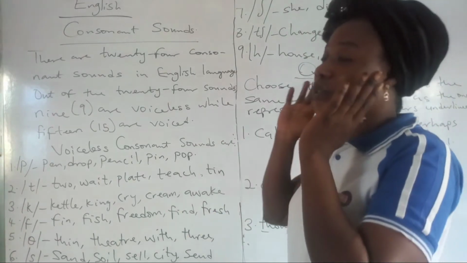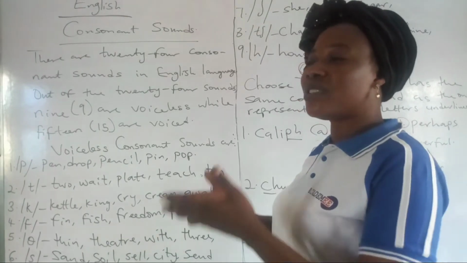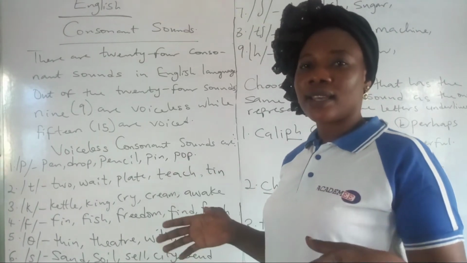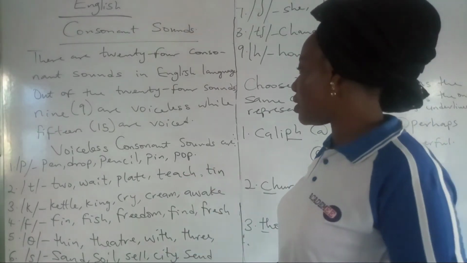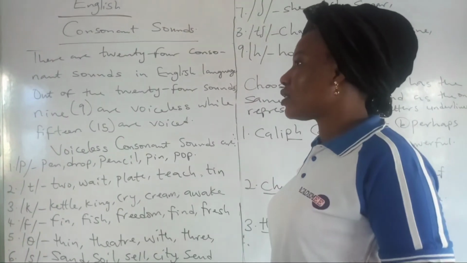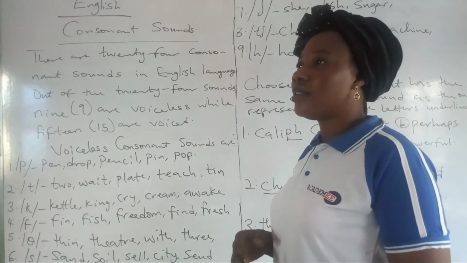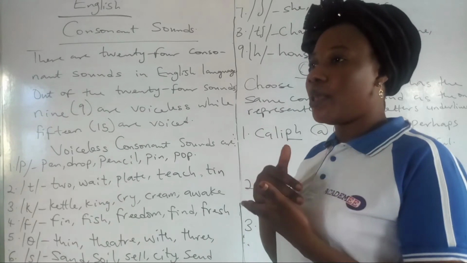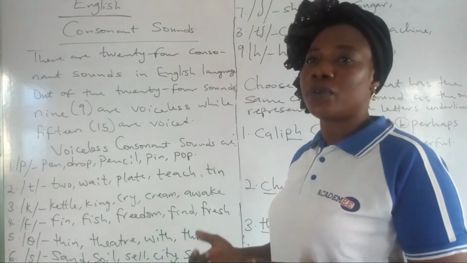So for all the sounds we are going to treat in today's lesson, you are not likely to hear me. But through the examples, you'll be able to get the actual sound we are talking about and the pronunciation of it. So the first one here is, when you pronounce the sound, the upper lip and the lower lip come together so that it enables you to have easy pronunciation.